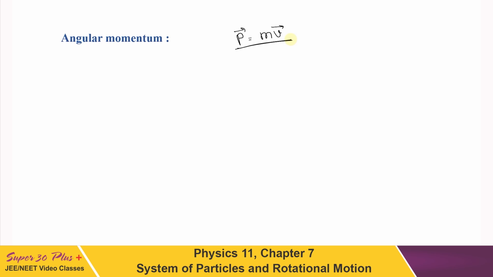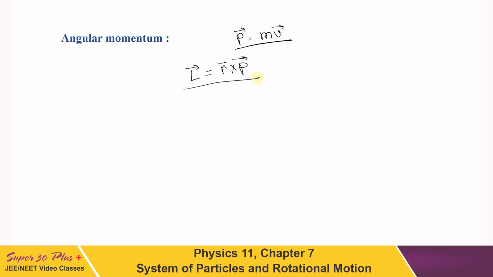So by simply taking the analog, we can say that L, the notation used for angular momentum, can be written as r cross p, that is the cross product of the position vector with respect to the rotation axis and the momentum. First I am writing this for a particle, and then we'll extend the concept for an extended body as well.